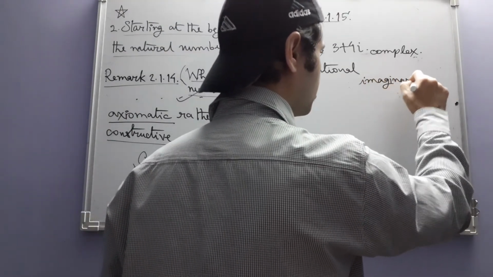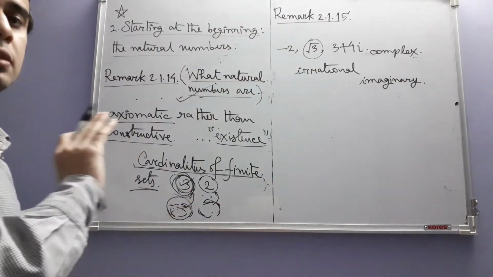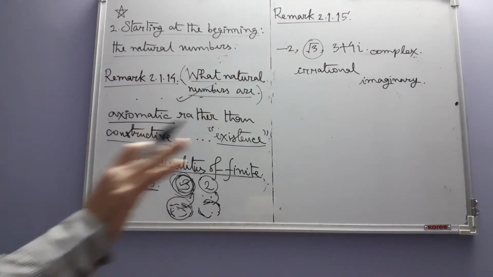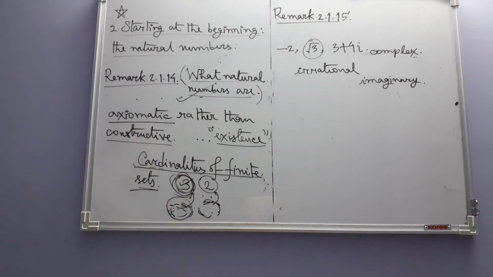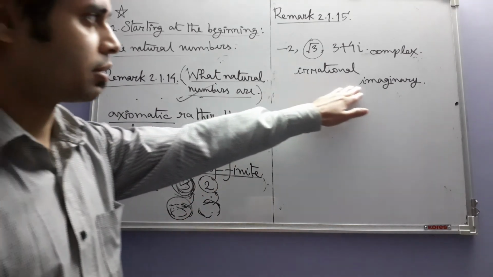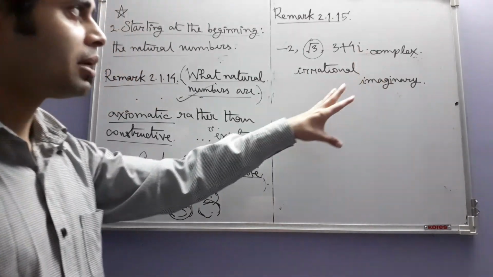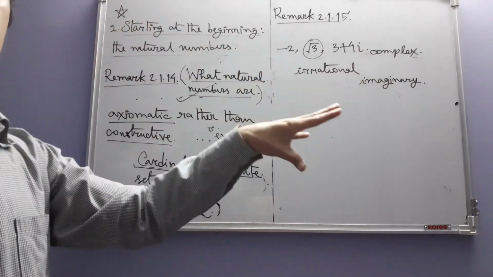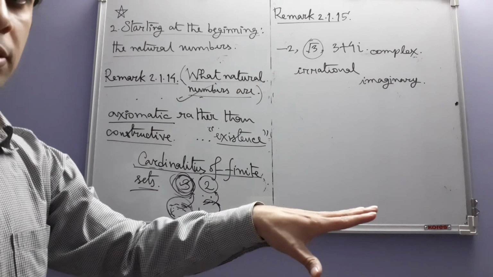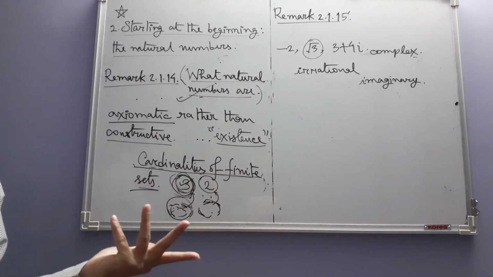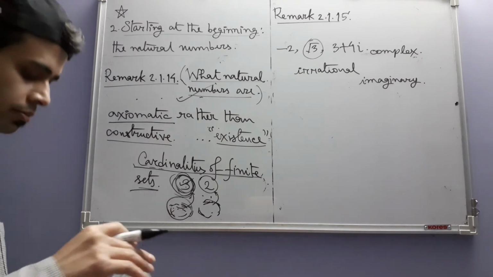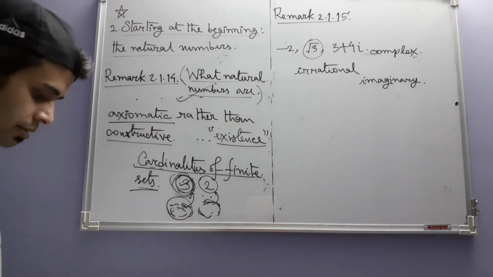Imaginary, as if the numbers don't exist at all. These names have created more trouble for the numbers. It gives the wrong impression that somehow imaginary numbers don't exist, real numbers exist. These things are sheer nonsense. I have already discussed about this in mathematical philosophy.